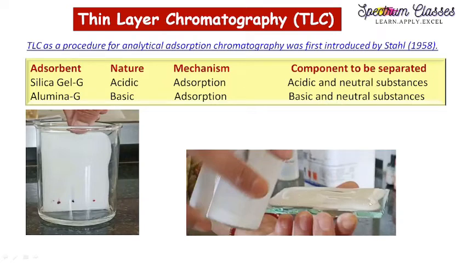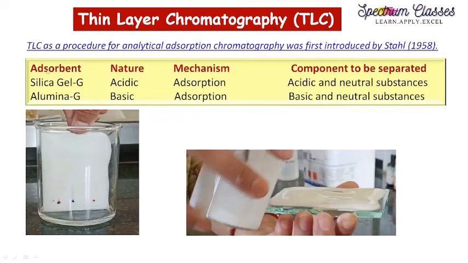So what kind of adsorbents are we using? We are using silica gel, alumina, and some more adsorbents are also there. I have not summarized them here. That is why this is called thin layer chromatography. This thin layer of adsorbent is on the support, either glass or metallic sheet, right?